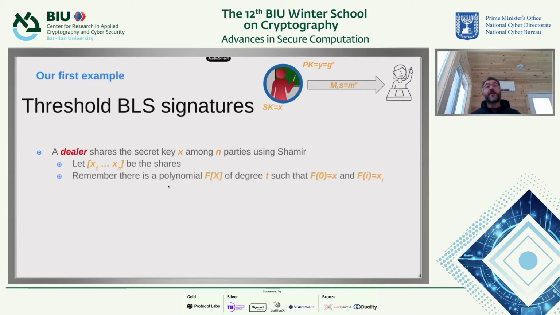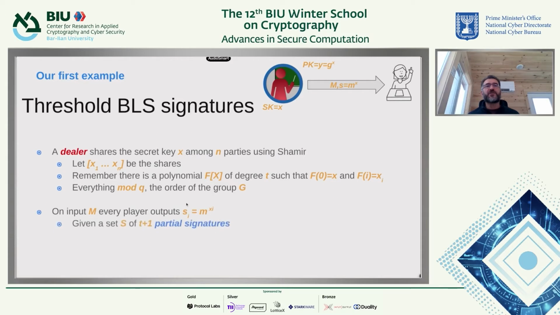What does that mean? That means that there is a polynomial of degree t such that the free term is x and the point at i is xi. And everything is modulo q, which is the order of the group. So on input m, every player outputs what we call a partial signature. A partial signature is the message m raised to its share, and we call that si.